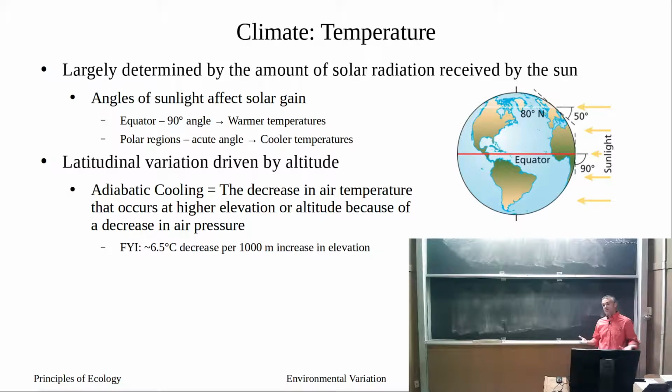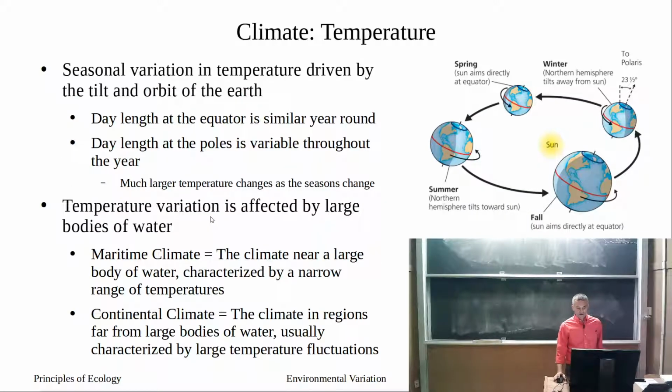But as we go up a mountain, air pressure decreases, and if air pressure decreases, so does temperature. That process is called adiabatic cooling: the decrease in air temperature at higher elevation or altitude because of the decrease in air pressure.